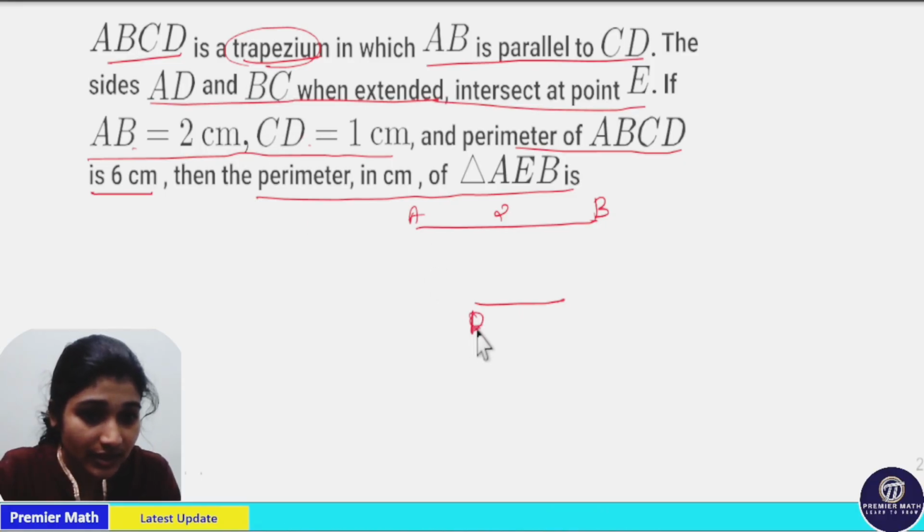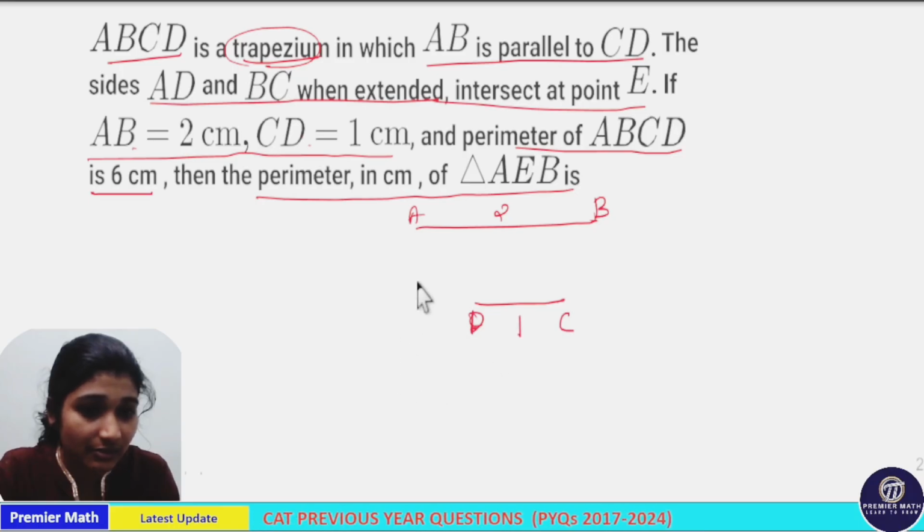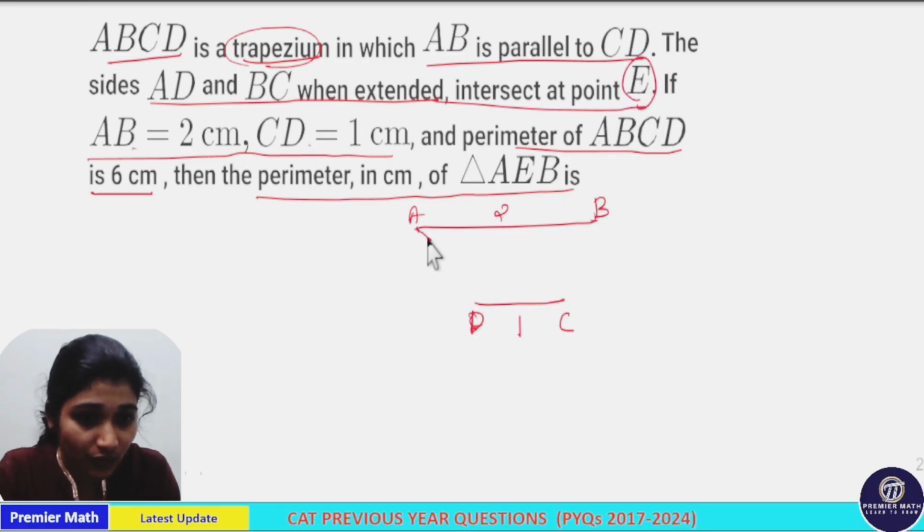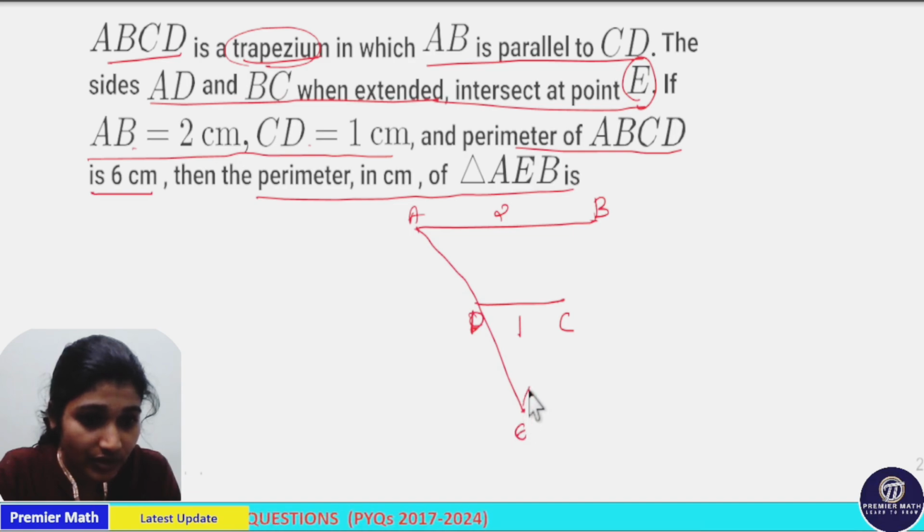So write DC here, and DC here is equal to 1 centimeter. Now AD and BC extended intersect at point E. So when these two are extended, they intersect at point E.